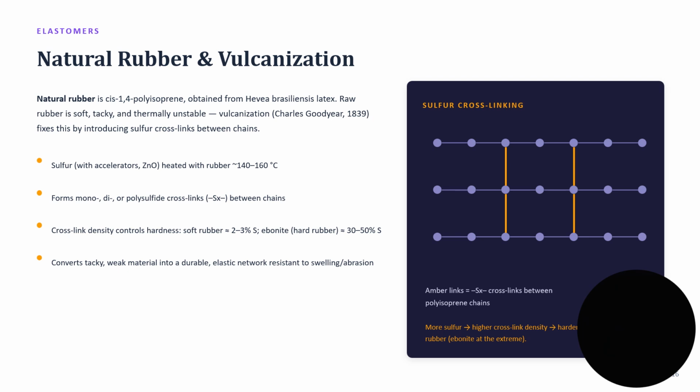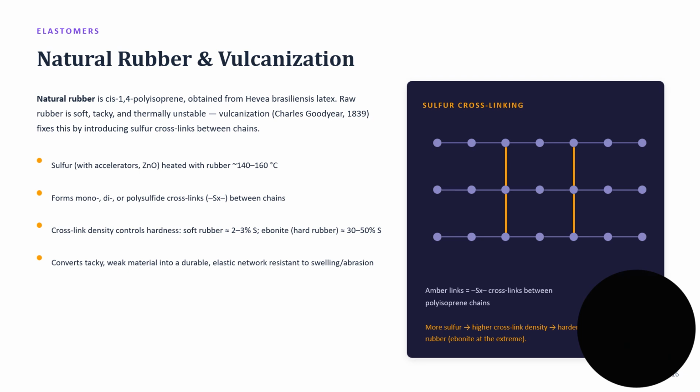Natural rubber is chemically cis-1,4-polyisoprene, harvested as latex from the Hevea brasiliensis tree. In its raw form, rubber is soft, sticky, and thermally unstable, not very useful as an engineering material.